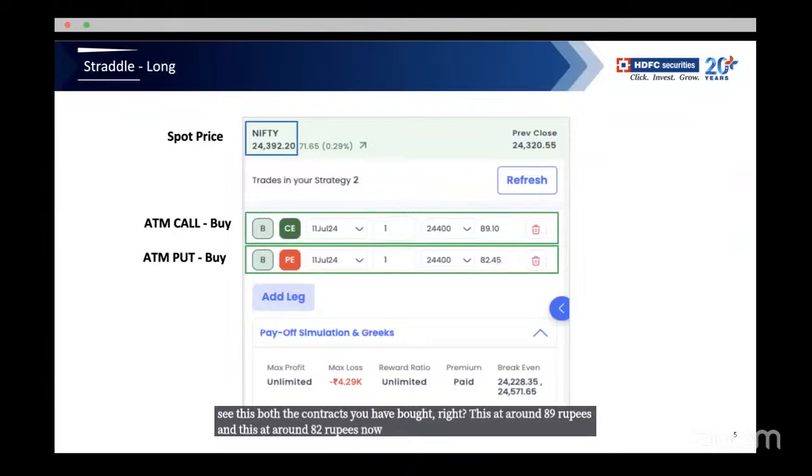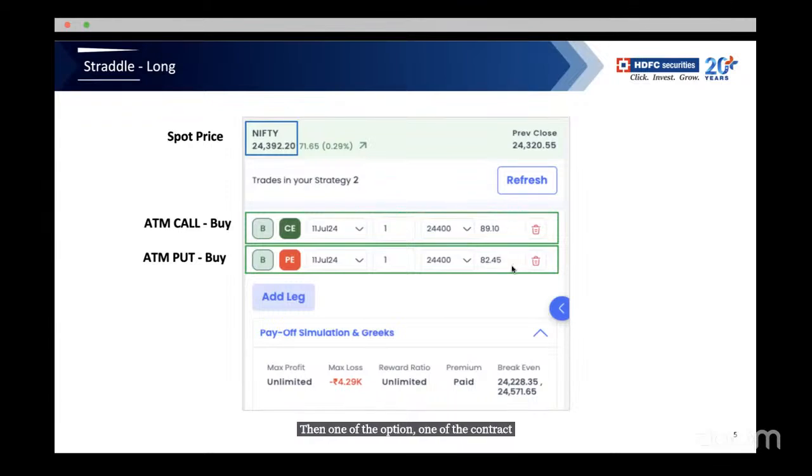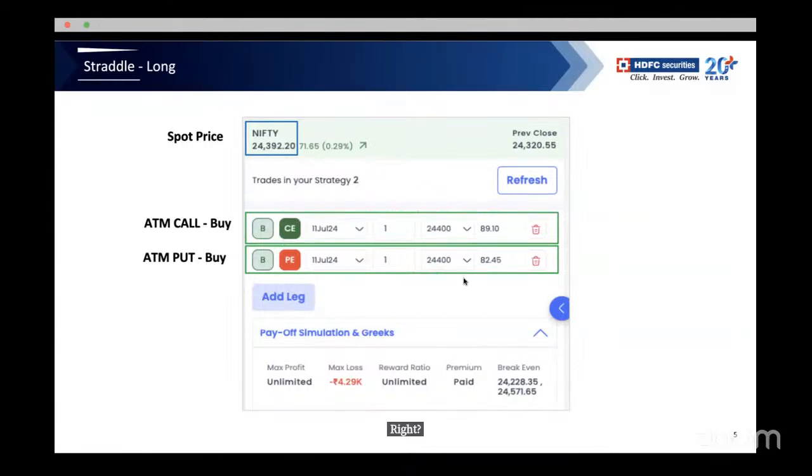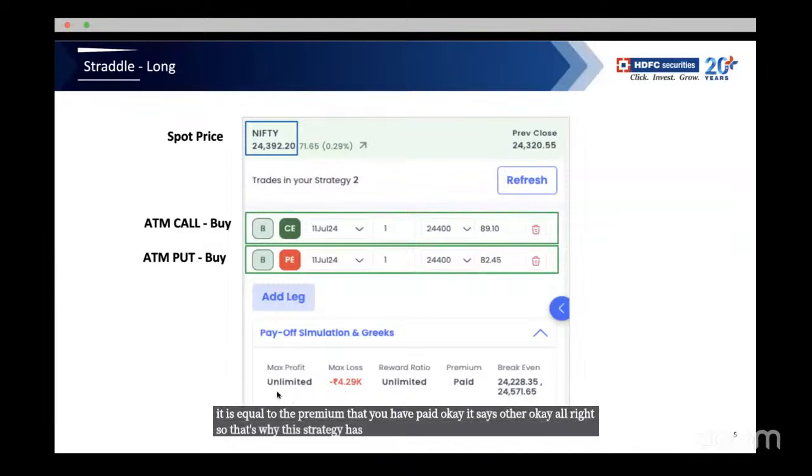Now let's say that if a big move comes on either side, upside or downside, then one of these two contracts can have the potential of unlimited growth, right? That's why our max profit is unlimited. Now what about max loss? It is 4.29k. Why the loss is limited here is because we have bought both contracts, right? So the maximum loss is 89 rupees plus 82 rupees; that is all we have paid as premium. So our maximum loss is equal to the premium that you have paid. Okay, more than that, nothing can go from your pocket because you have paid only that much. All right, so that's why this strategy has limited loss and unlimited profit.